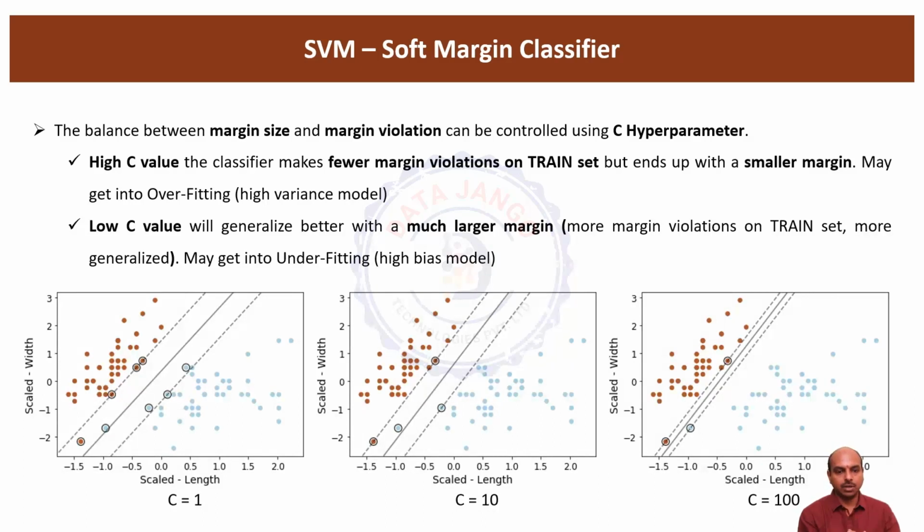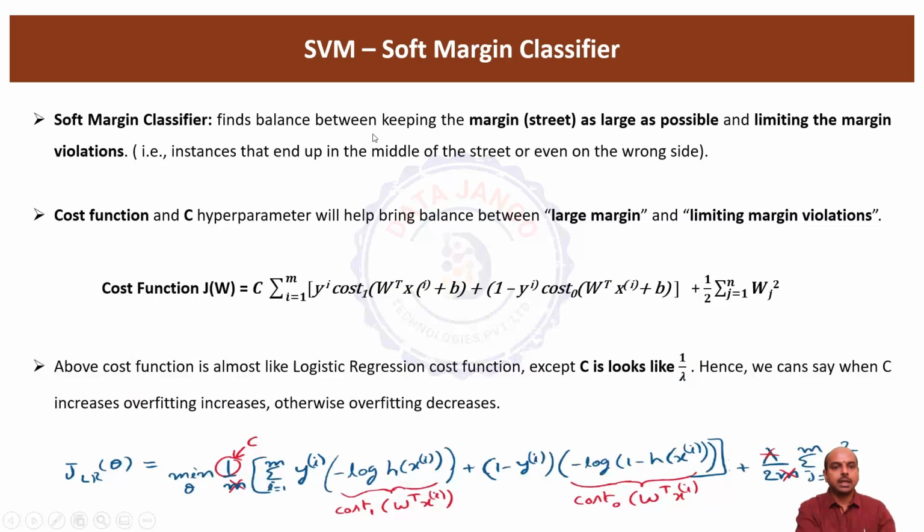So that's our goal. In soft margin classifier, it always tries to keep a balance: it tries to make the margin as large as possible, and at the same time it limits the margin violations. It tries to keep margin violations as minimal as possible. If margin violations are maximized, what happens? Many data points fall on the wrong side.